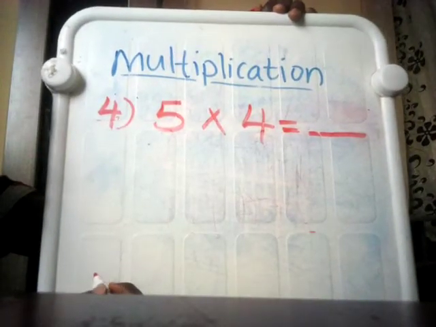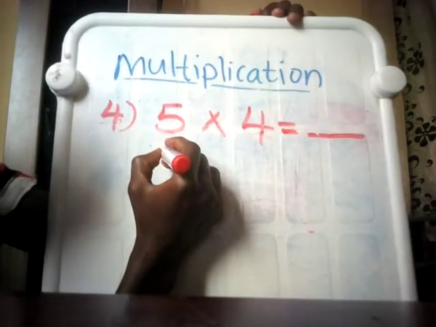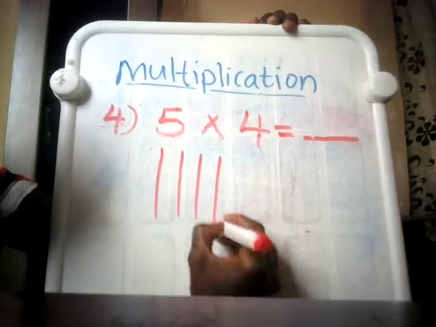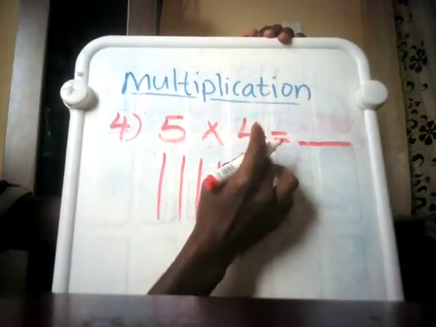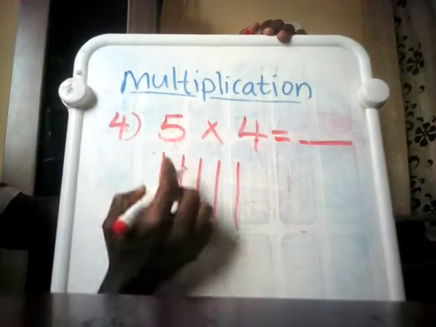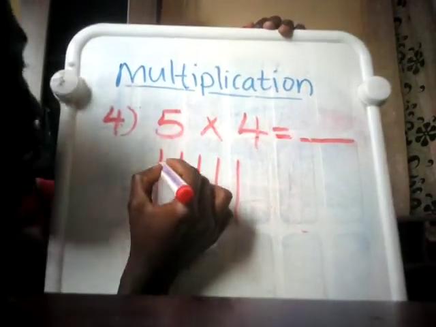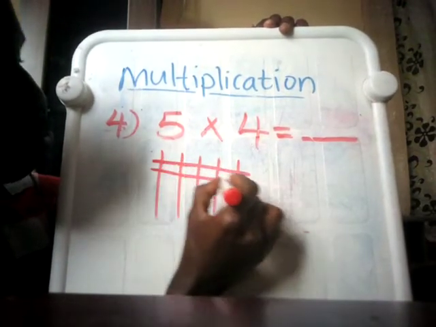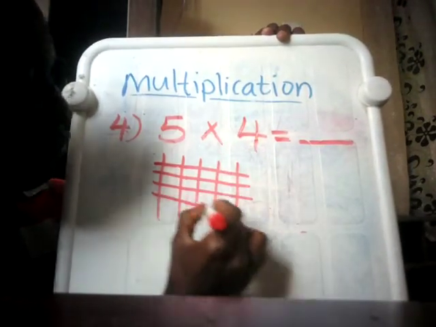Let's do 5 together: 1, 2, 3, 4, 5. Then 4 rows. Let's draw the 4 rows: 1, 2, 3, and 4.